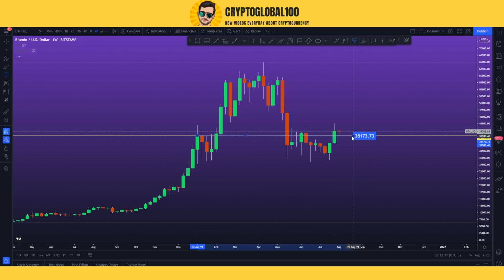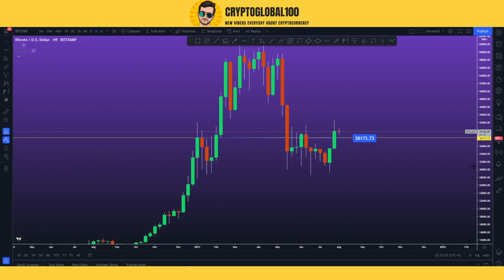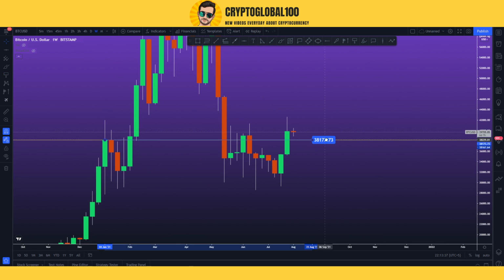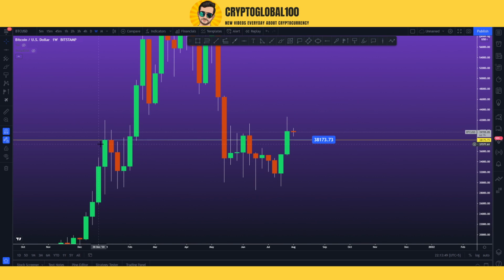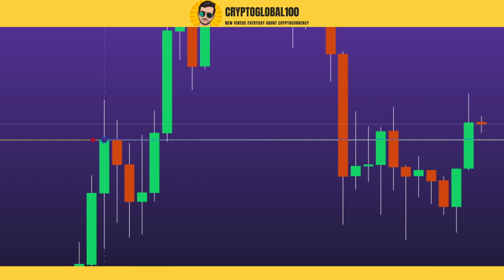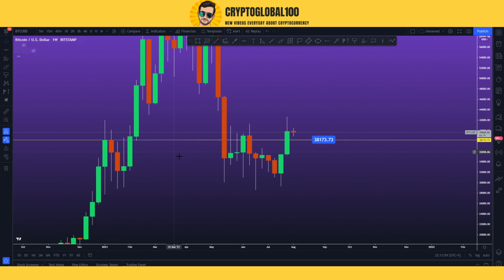Here I'm taking this as a swing high candle, a very important level, 38,173. So I expect that this weekend we might see the price go down to 38,173, just by drawing a simple line on the body of the swing high candle. This is the higher part of the body of the swing high candle, simple enough.